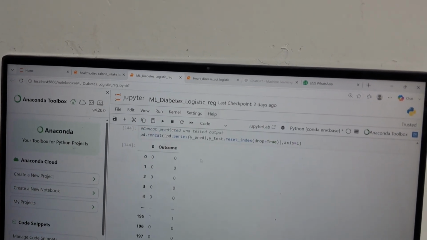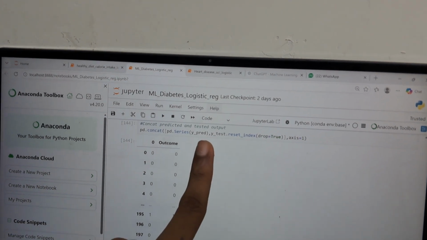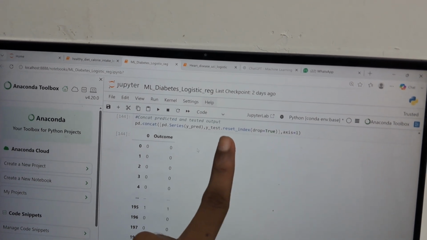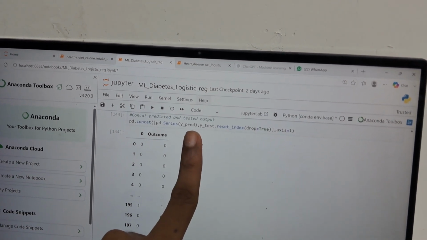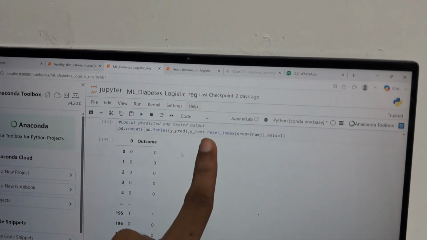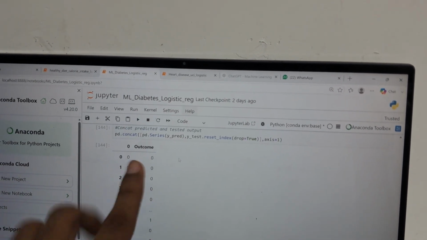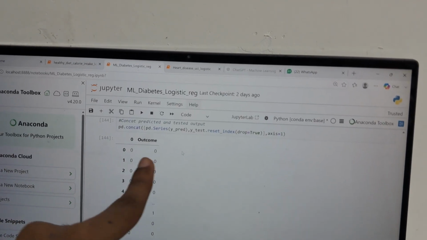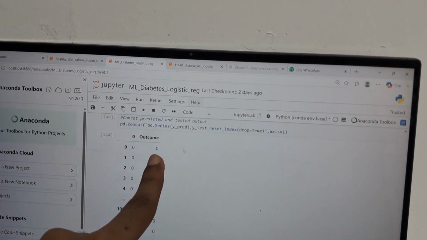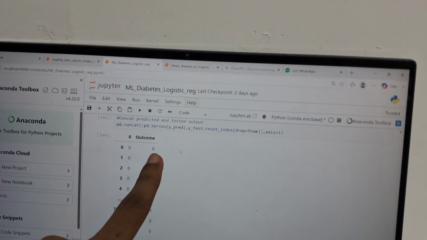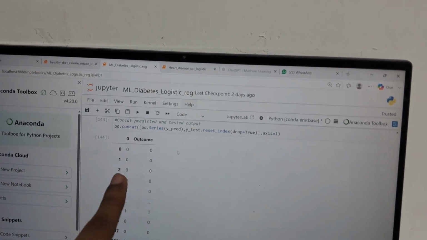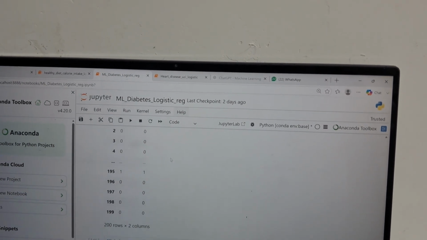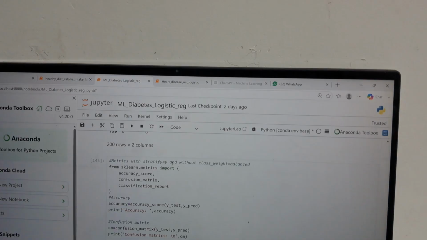So I concatenated y_pred, the predicted answer, and y_test, the actual key. Now in the concatenated output, 0 0, this is the predicted answer and this is the actual value. So it is correct here, but some values might be different.